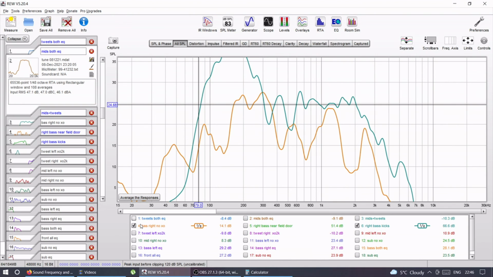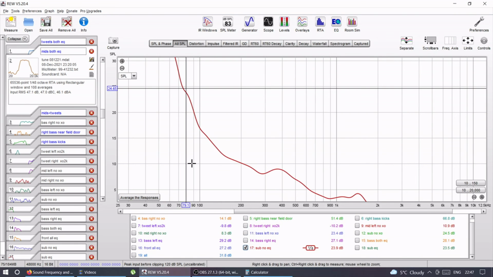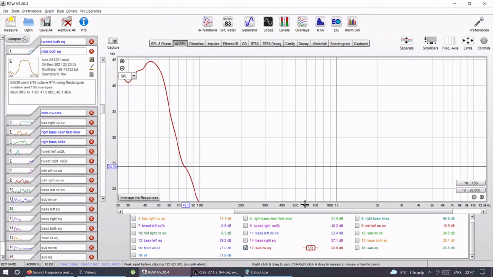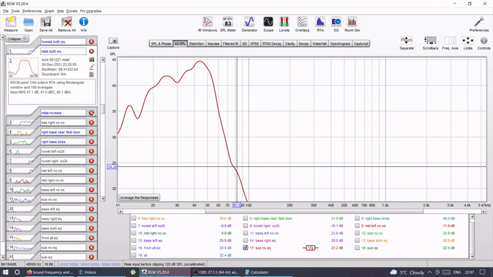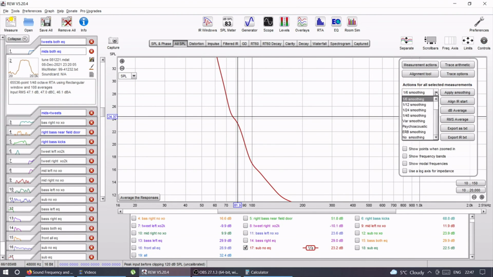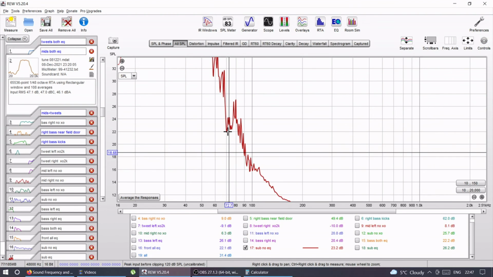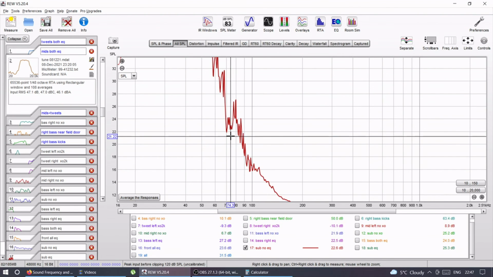Yeah. And in my particular car, I'm going to show you a subwoofer. This is my subwoofer response. I'm going to zoom into this section and I'm going to remove the smoothing just to see. And you can see 70 to 75, exactly the same dip, a massive dip.